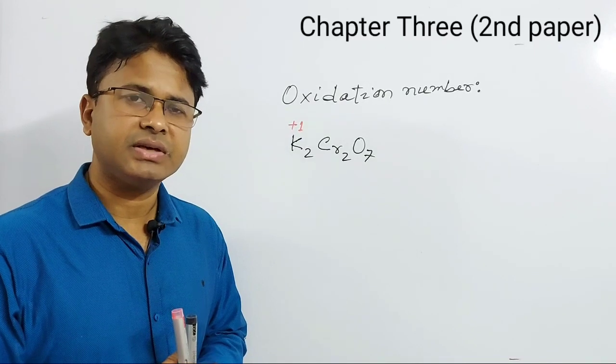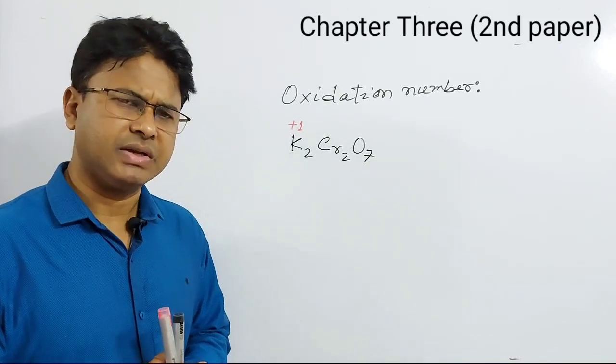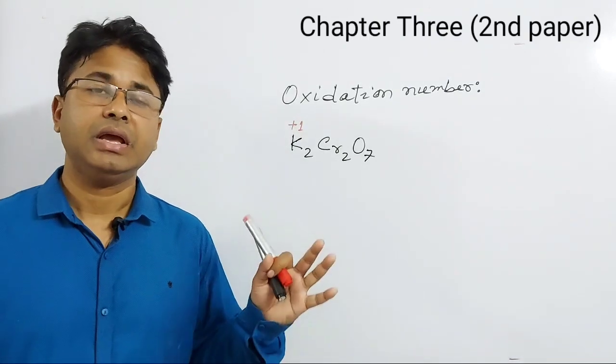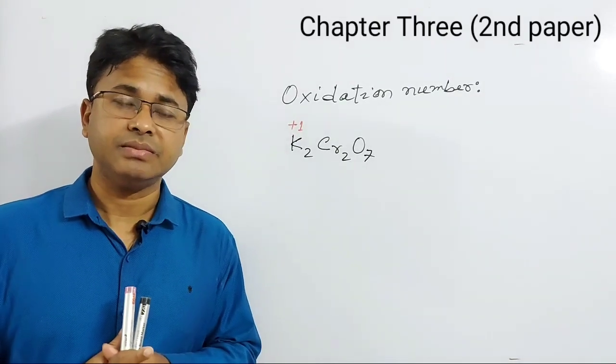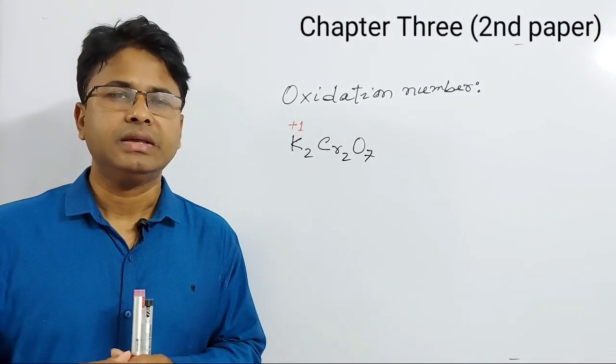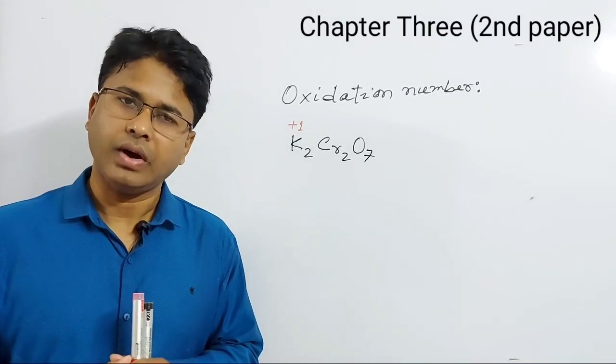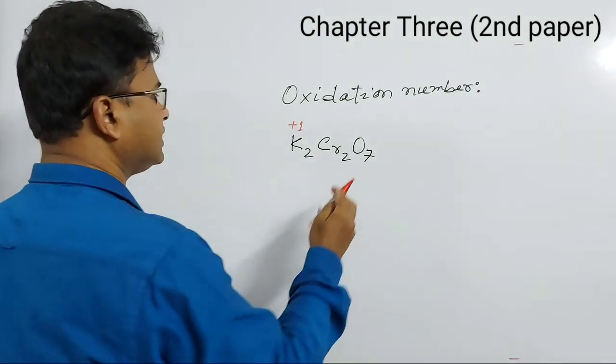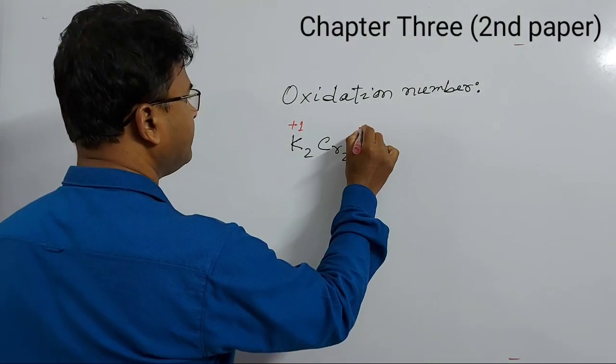That's why the oxidation number of potassium is +1. Otherwise, normally you have to memorize that the oxidation number of the elements of group 1 is +1, and normally the oxidation number of oxygen is -2.